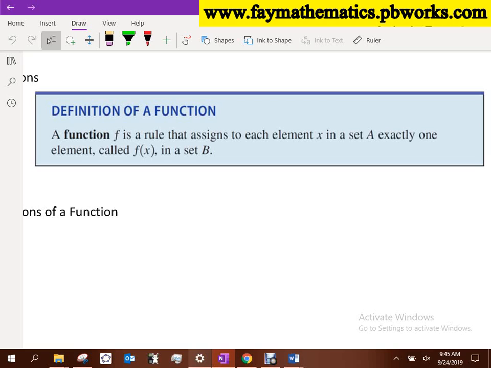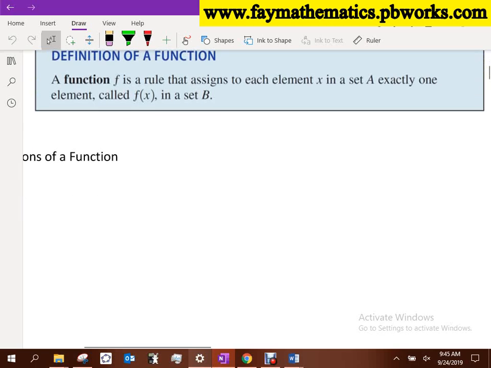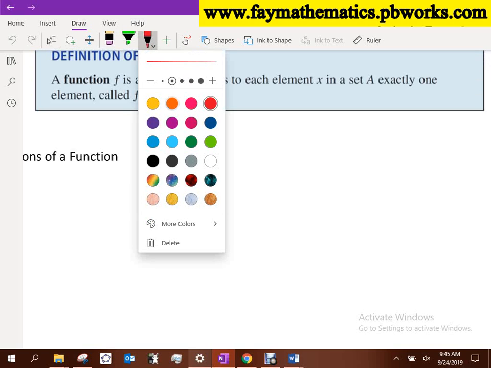It takes every x in set A and pairs it with exactly one element, which we call f of x, which we read as the function evaluated at x, or maybe you remember y from Algebra 2, in a set B. Set B is usually your y values, or your vertical axis. So that's the definition. And you've got several different ways that we can model that.